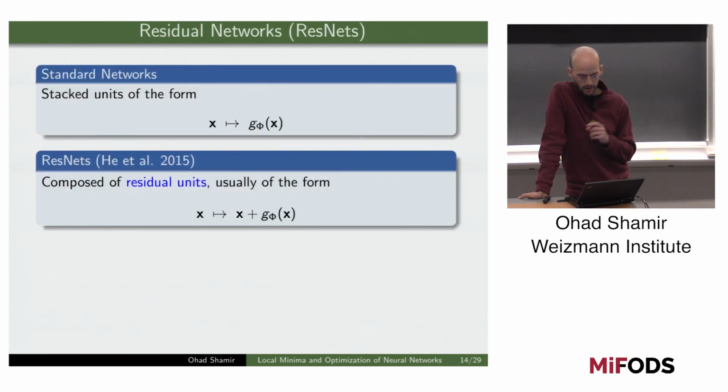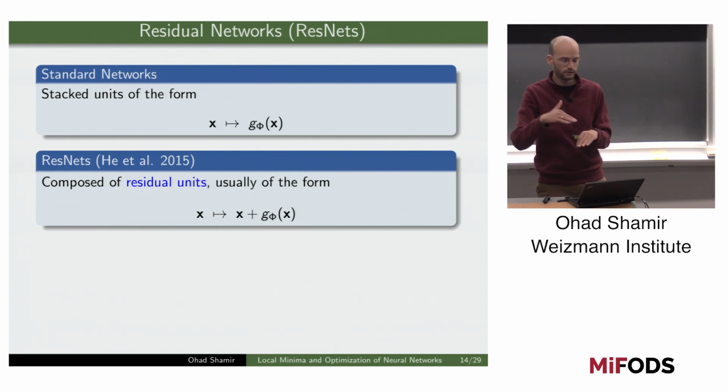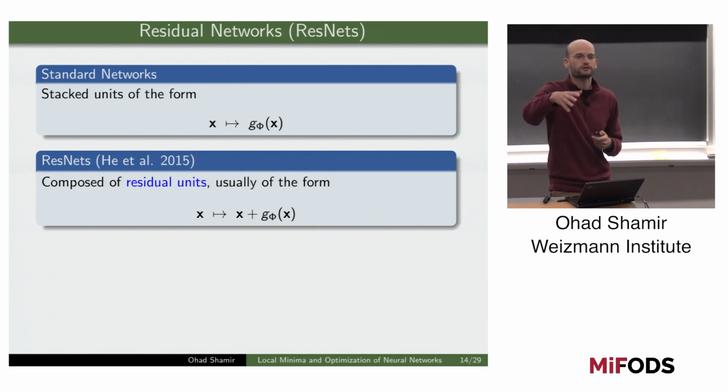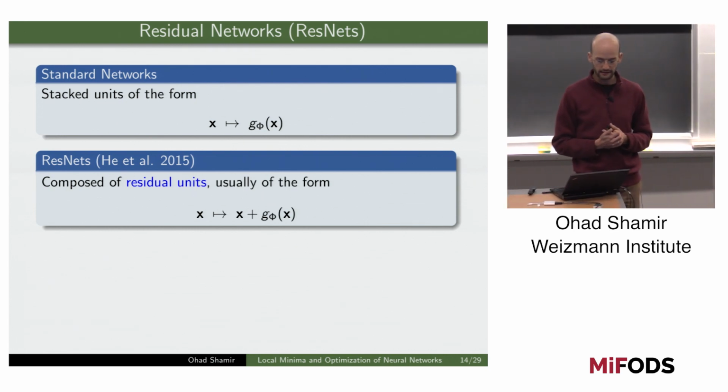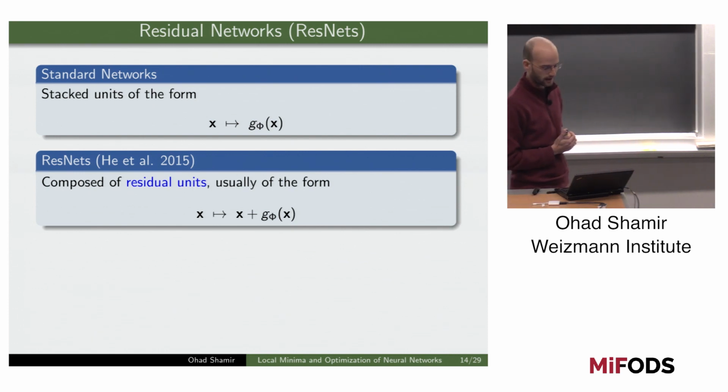So just as a reminder for those of you maybe who are not familiar with this, standard networks, you can think of this as stacked units, each of which compute some kind of nonlinear transformation of the input, like a linear transformation plus a ReLU. And in a residual network, the difference is that instead, it's a stack of residual units, which usually take the form here.